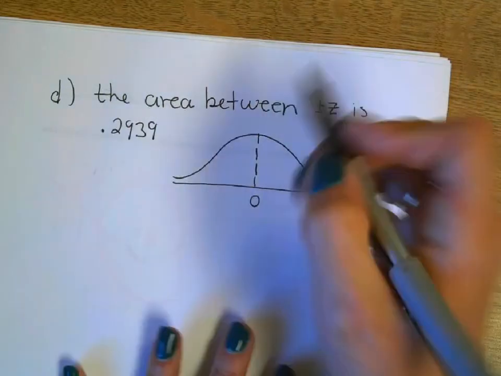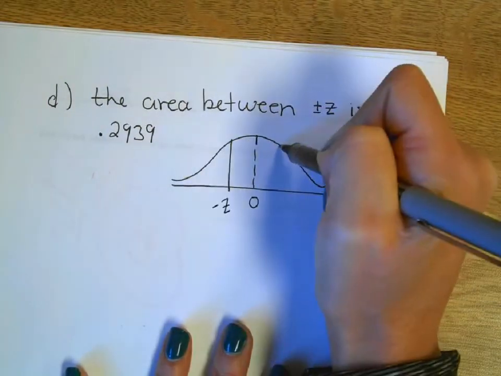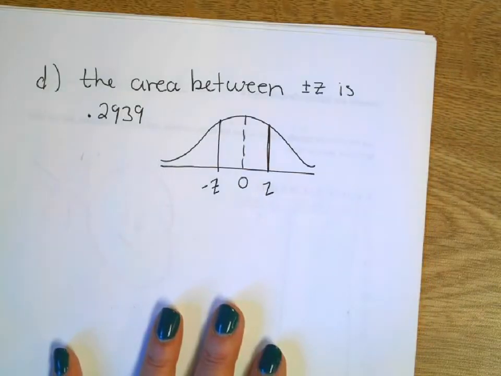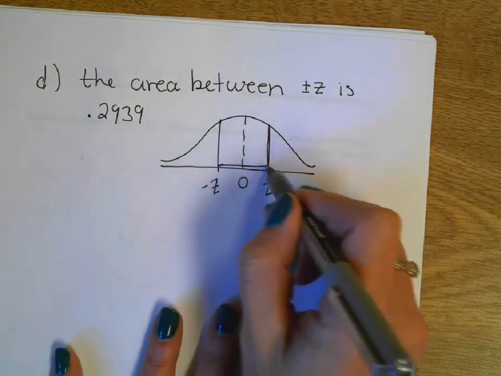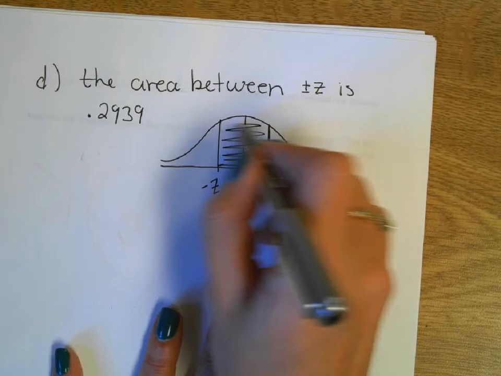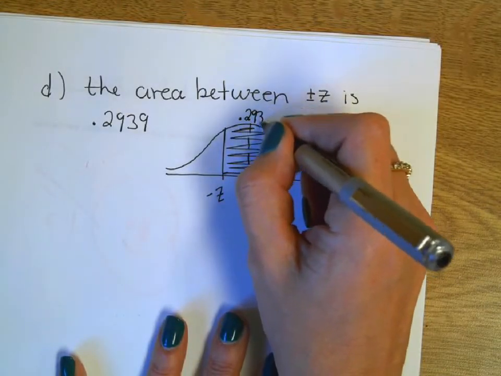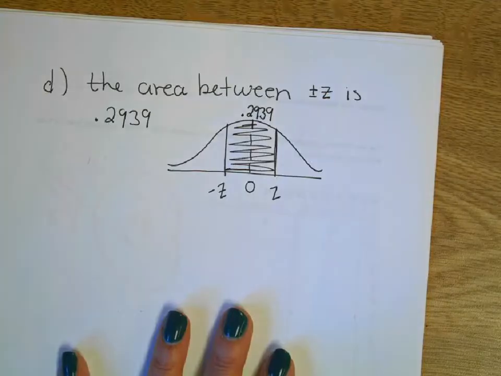They're symmetrical z-scores. So if I go to the left, I go to the right the same amount. Okay? I know the area between those is 0.2939. So far, so good? Yeah.